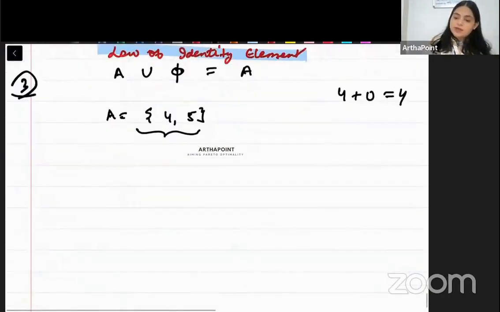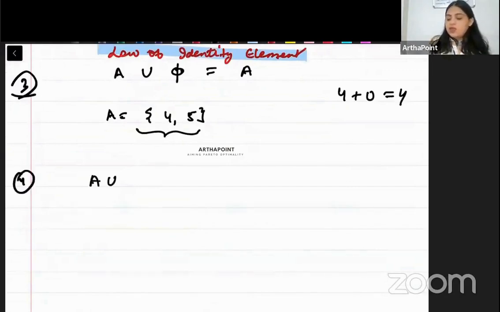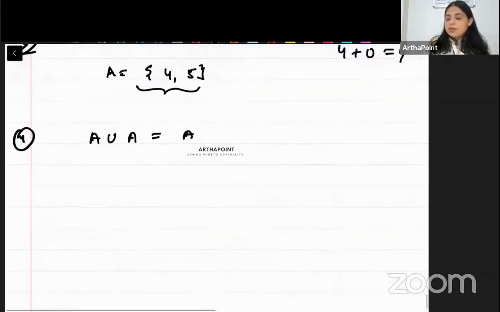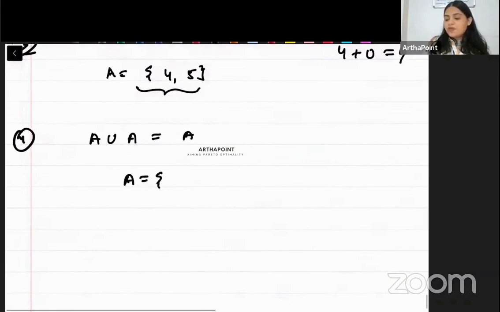Next, fourth property. A union A is A. Just take an example. Beta, A suppose 4, 5, 6, 7.